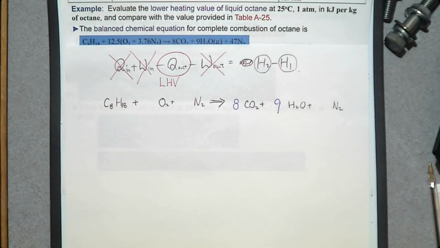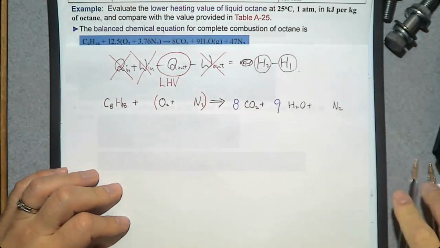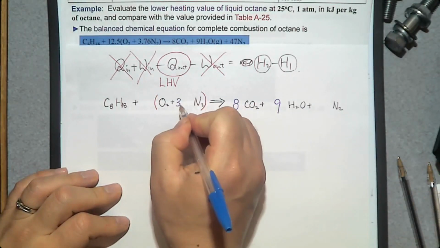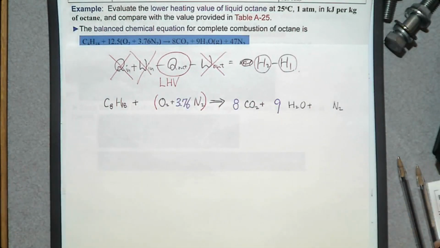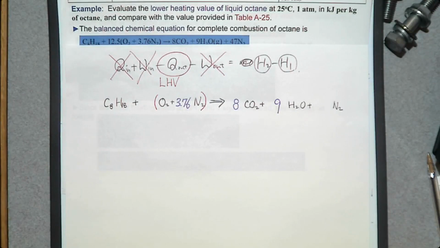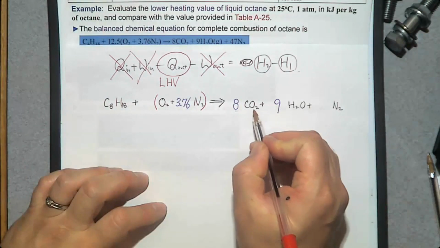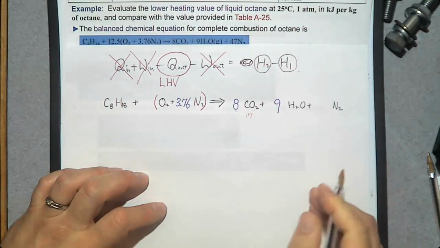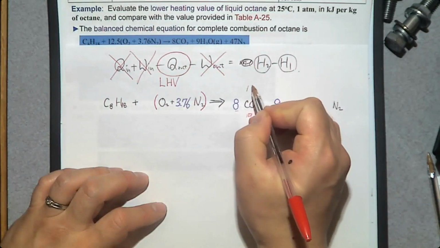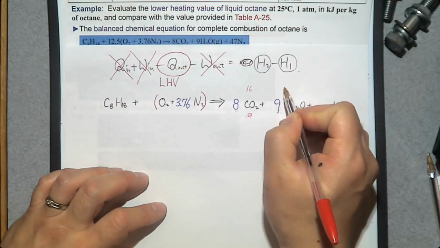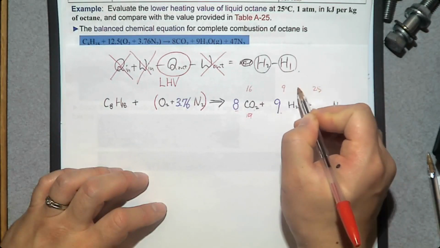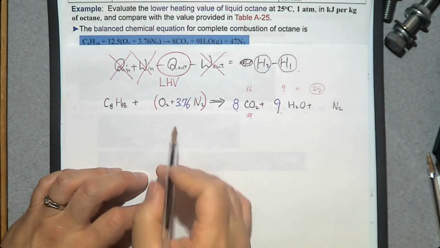So what about oxygen? By the way, the ratio between oxygen and nitrogen is always 1 to 3.76. Then let's count oxygen. We have 8 times 2, I'm sorry, 16 oxygen atoms, and 9 times 1, 9 oxygen atoms. So we need 25 oxygen atoms.